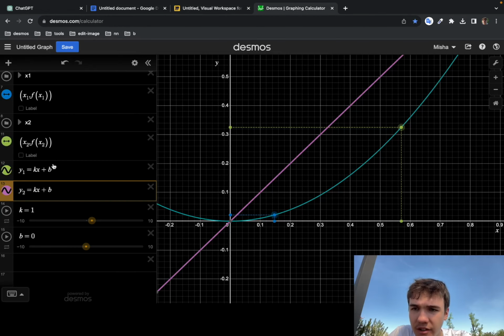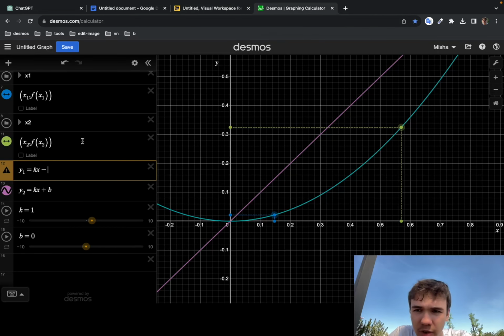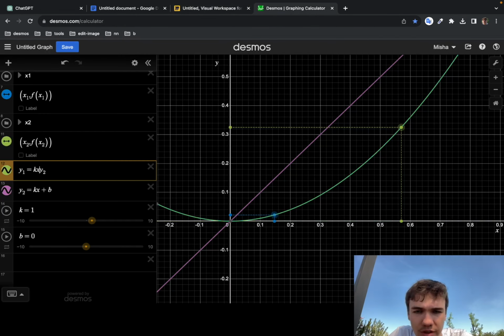Let's check this out. So it says kx minus y2, and what is our y2, it is this. So minus y2, and then plus y2, of course, and then minus k x1.